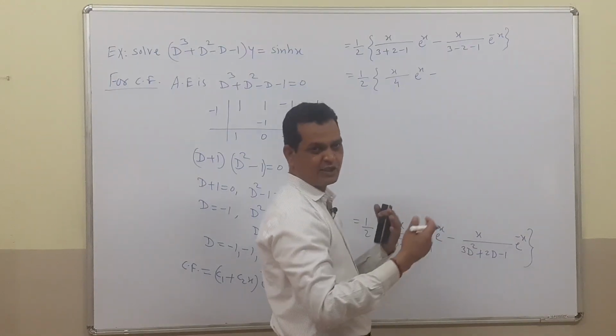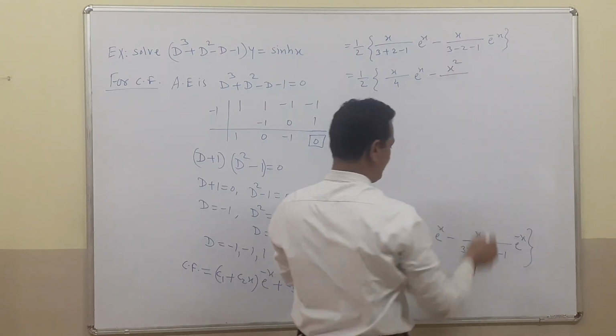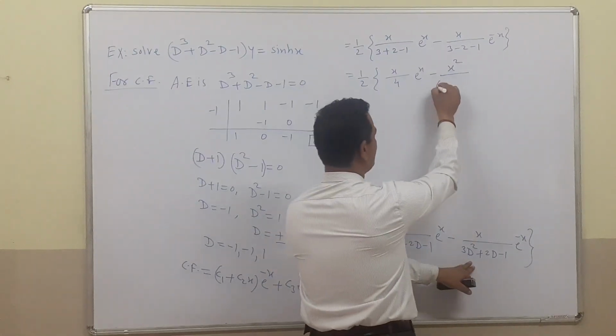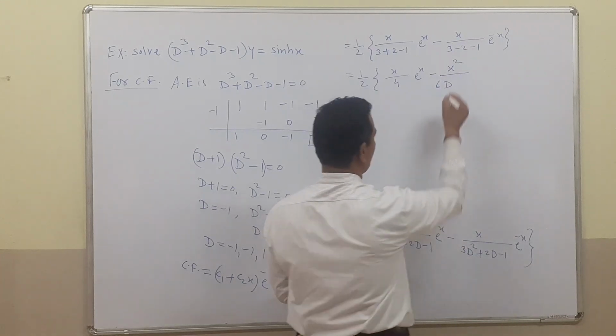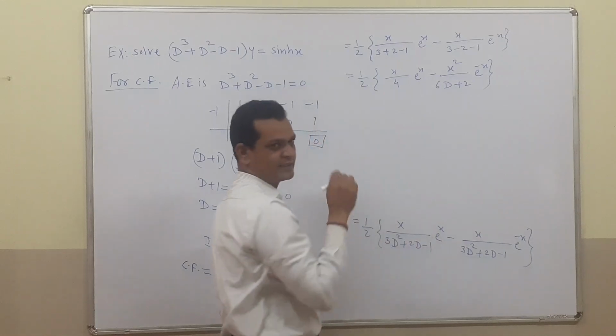So once again attach x on numerator and take the derivative of denominator. So x into x, x square upon derivative of this term, this is 6d plus 2 into e raised to minus x.